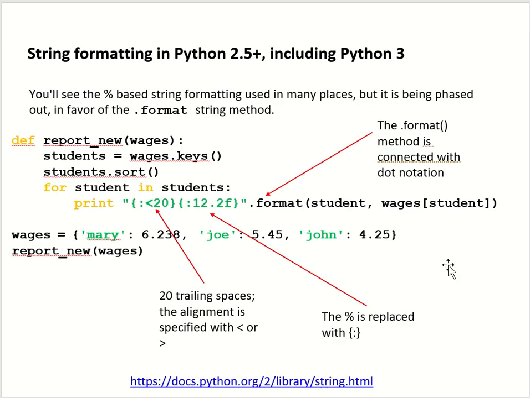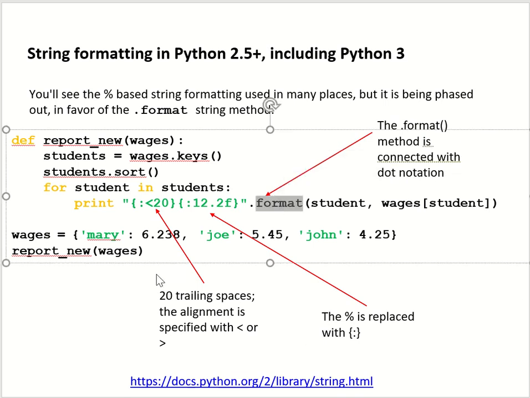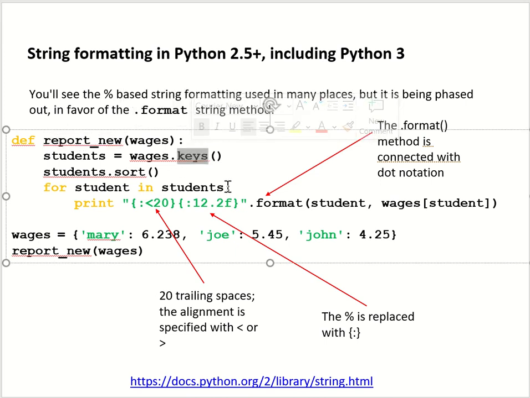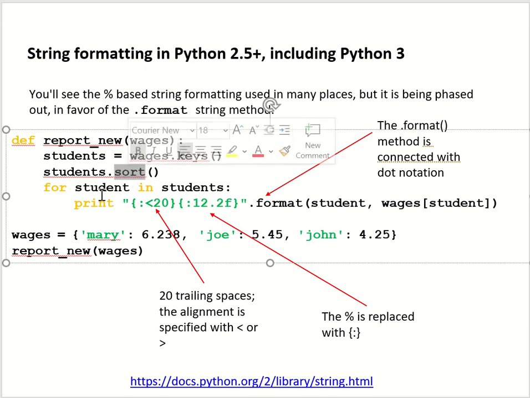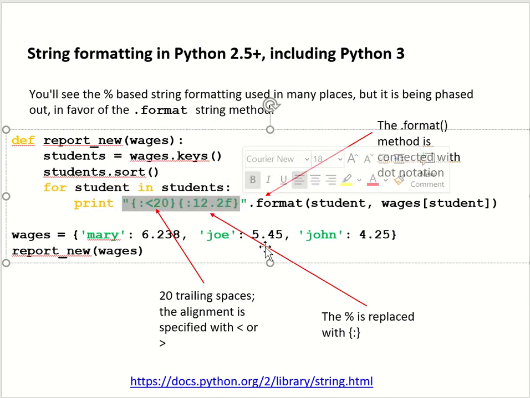For Python 3, it's a bit different, and it makes use of a method called dot format. So that same exercise, the definition of a function, to pull out the keys in a dictionary, to sort them, and then to use a for loop to run through each. The base unit, you won't see any percent signs here.